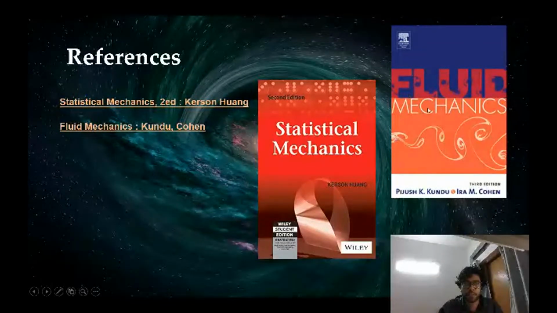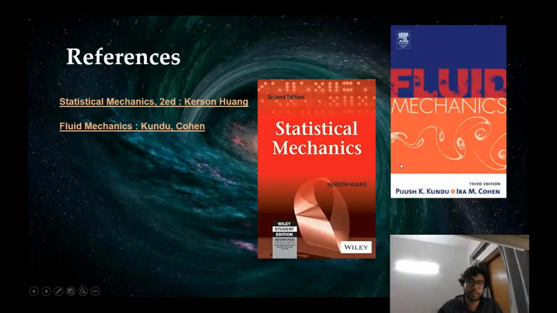And even I think this fluid mechanics book by Kundu and Cohen is going to be very helpful for you. They start with a very basic approach. So even if you don't know vector calculus, they start with vector calculus, like what does this del dot and del cross, these terms, where do they come from, and everything.